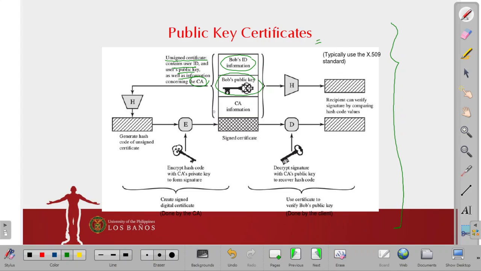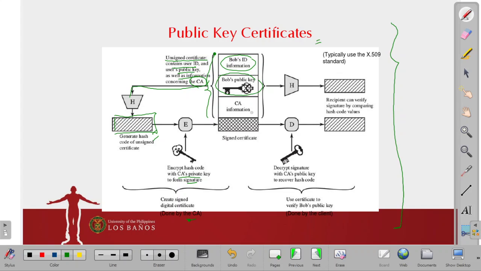So this data here will be fed to a hash function which will generate this hash. Okay. And then in order to sign this certificate, the certificate authority will encrypt the generated hash with the private key of the certificate authority.